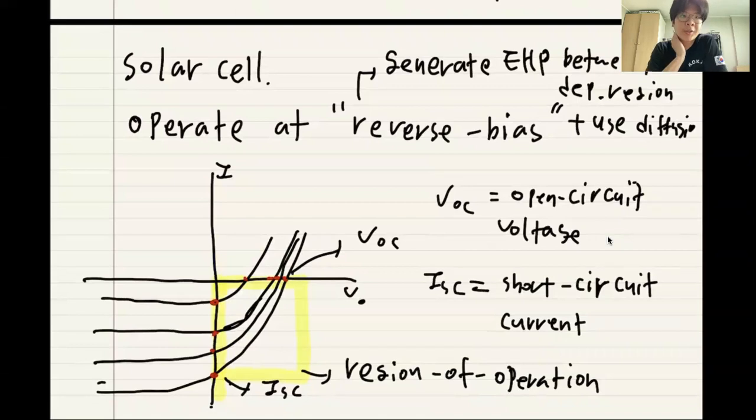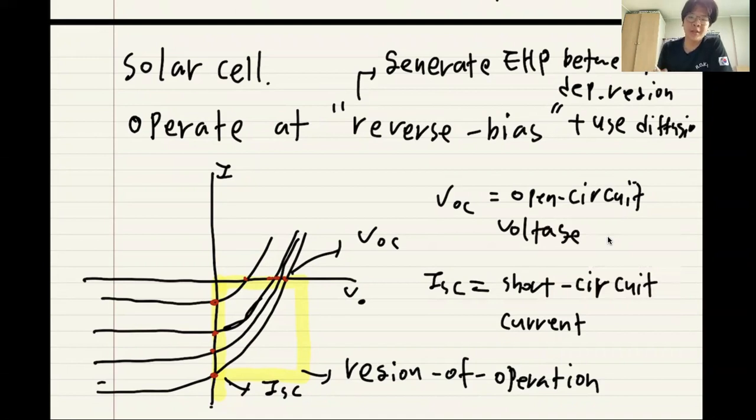Using this absorption mechanism, there are solar cells which operate in reverse bias, and in the depletion region, solar cells get light energy and generate electron-hole pairs.